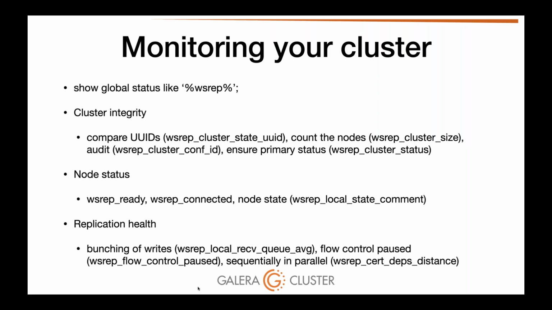So check wsrep_local_send_queue_avg. And if the value is greater than 0, you may notice that you're having replication throttling or network throughput issues. And then, of course, if you see wsrep_flow_control_paused, again, you can reset this by running FLUSH STATUS. Anything that is greater than 0 tells you that your replication health may be a little weaker. So I would closely monitor this.